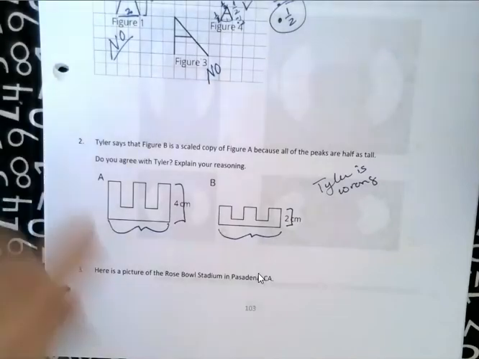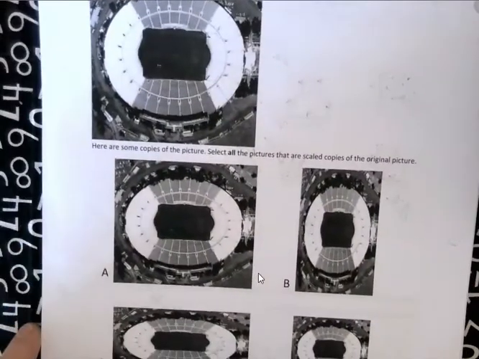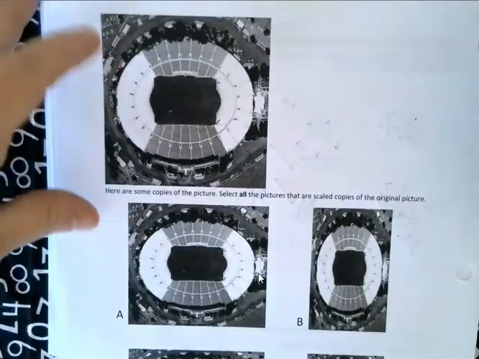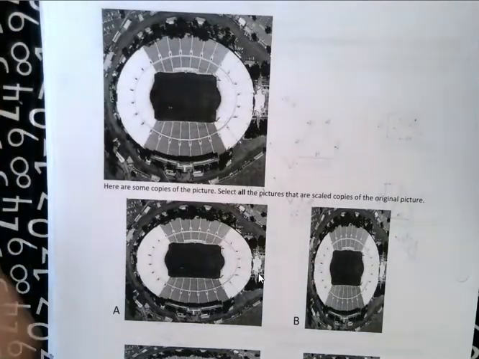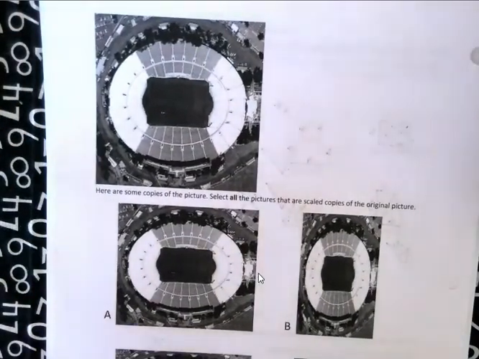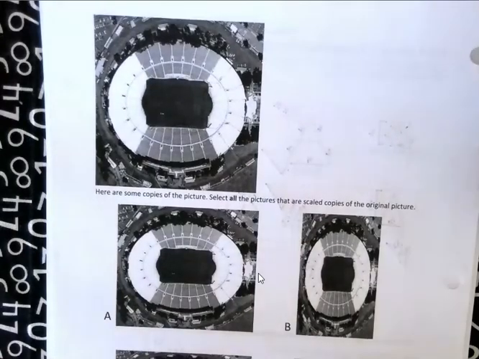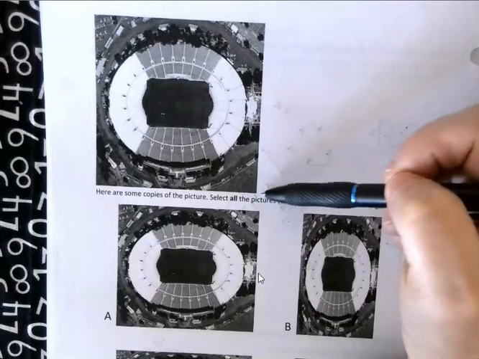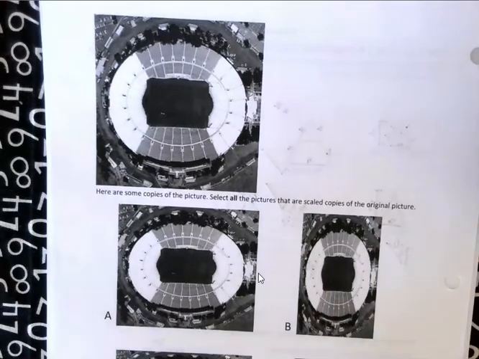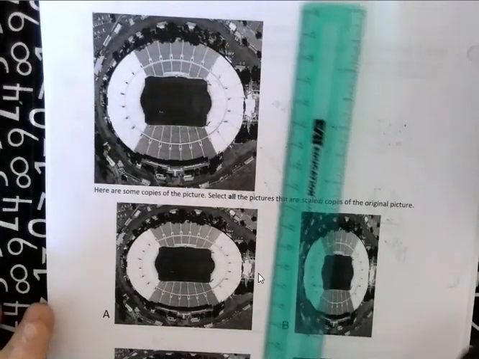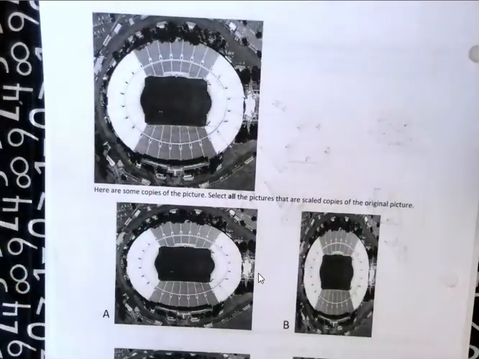Okay, now if we look at our next one, we have a picture of the Rose Bowl in Pasadena, California. Now this is a little bit trickier. And here is my initial copy. So you may want to take a look at the actual whole picture. And when you do that, notice that this entire picture is pretty much the shape of a square. If you wanted to measure, you could measure the sides.